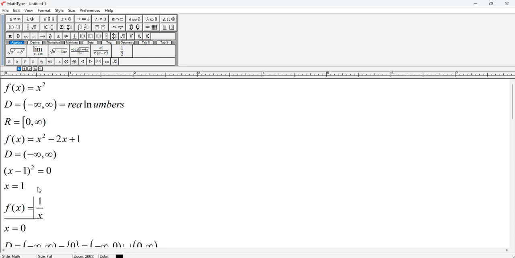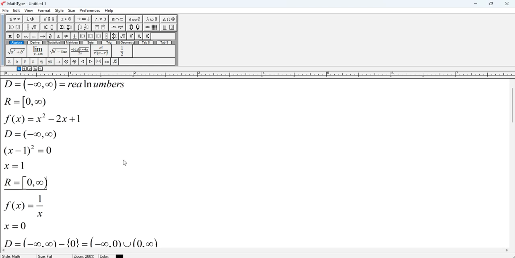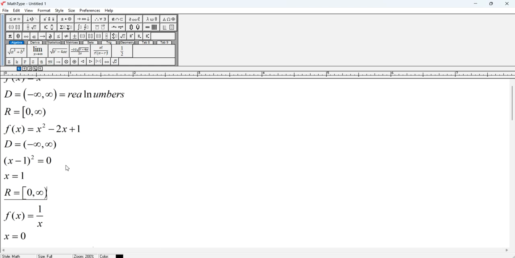And its range is from 0 to infinity. Let's substitute 0 here: 0 minus 1, minus 1 squared equals 1.